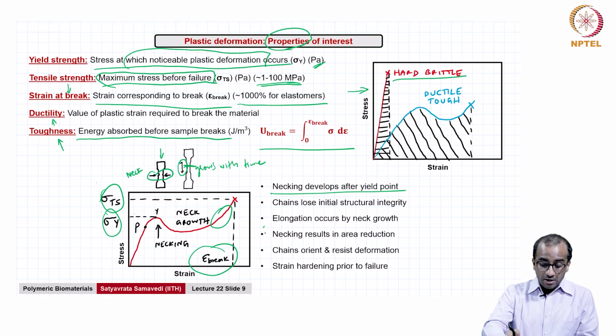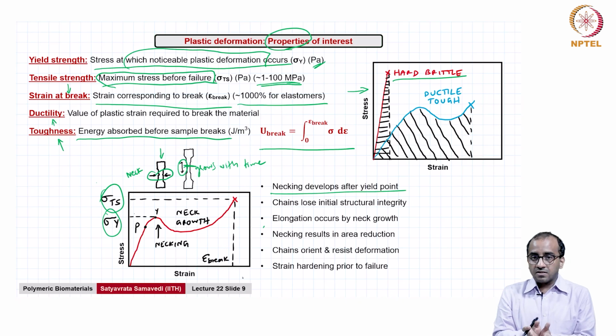So, one way to ask questions is when you look at a curve like this, you can take it piecemeal and ask what is happening to the material at different parts of the stress strain curve. If you ask questions like that, then you will dig deeper into mechanisms for why the shape of the curve is like this versus another shape, right? For example, why does this increase towards the end?